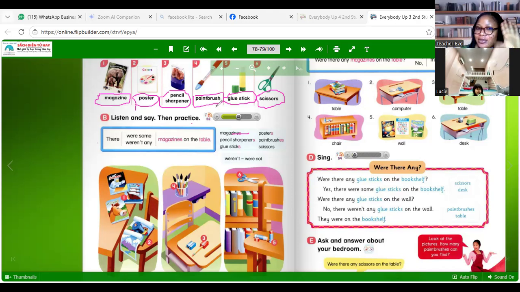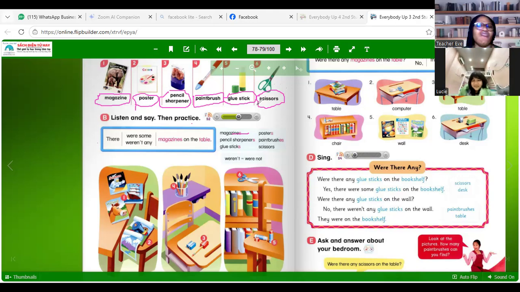Again. Paintbrush. Good. Okay. The number 5. Glue stick. Again. Glue stick. Good. The number 6.